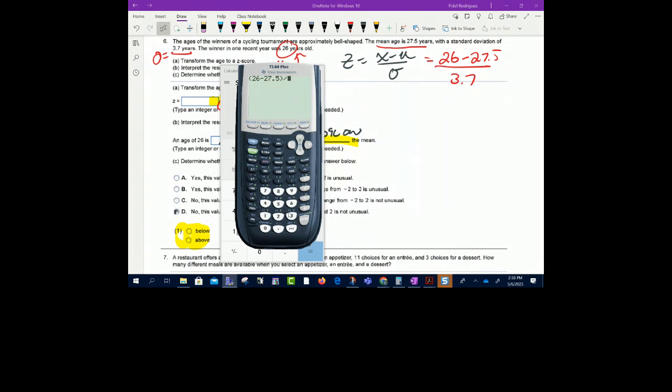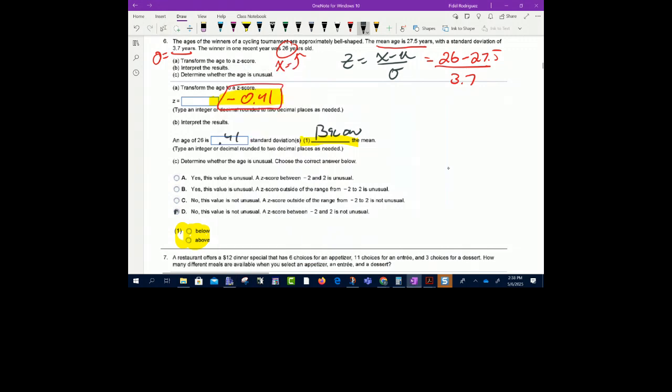The parentheses tell it to do the subtraction first. If I don't use the parentheses, it's going to take 27 divided by 3.7, and then subtract that number from 26. That's how I'm getting that answer there. Okay, so I'll tell you what, let's do this. Boom. Just so that we don't forget.